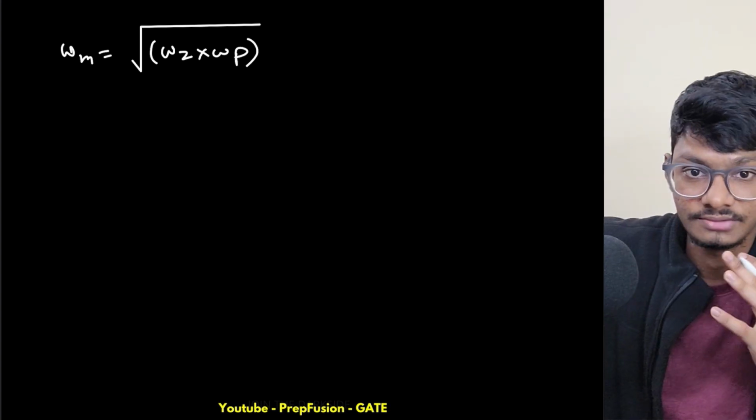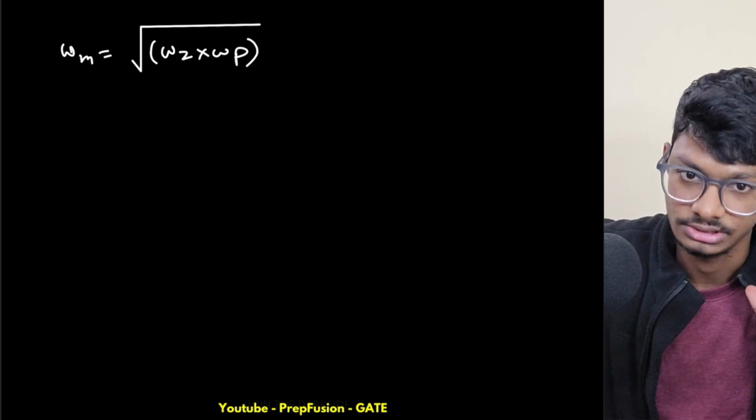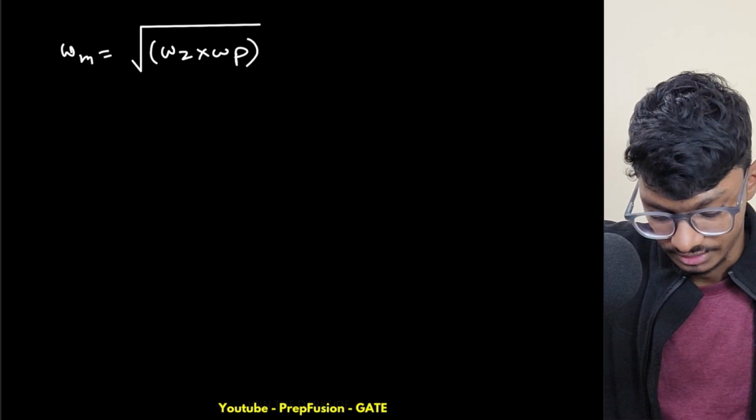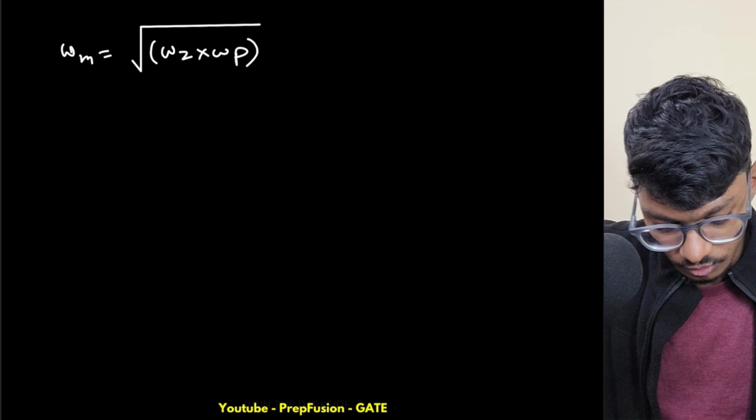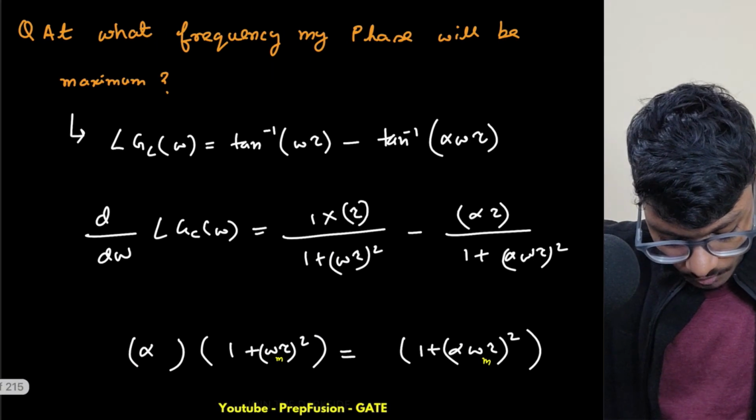So now let's find out what the maximum phase is. We found the frequency at which the maximum phase is happening. Now let's find the maximum phase. So phi max, let me just put the value of omega m into that equation. Phi m equals tan inverse omega tau minus tan inverse alpha omega tau.